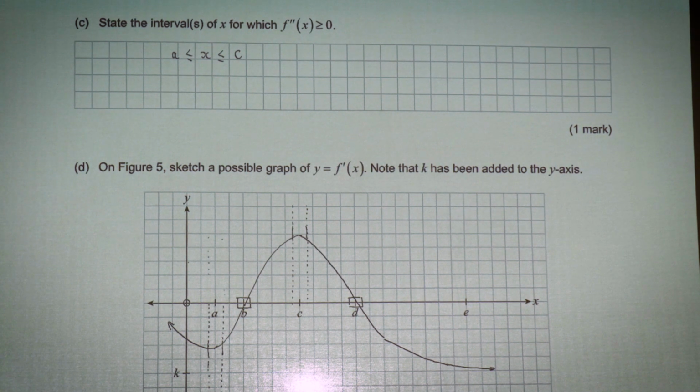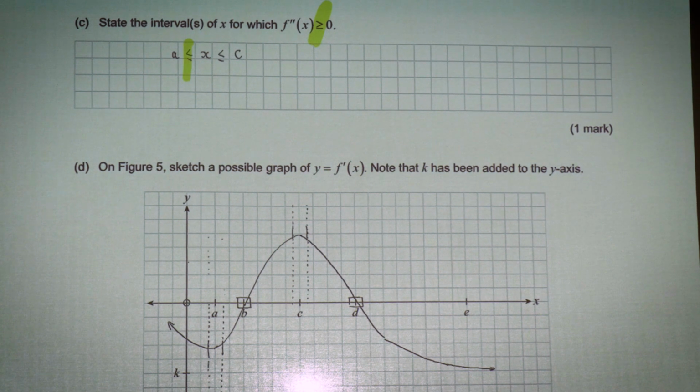My personal perspective is it doesn't matter in that context. Here, the question is saying, state the intervals where f, the second derivative, is greater than or equal to 0. So students needed to use an inclusive inequality to recognize this, so I guess to denote those boundaries.